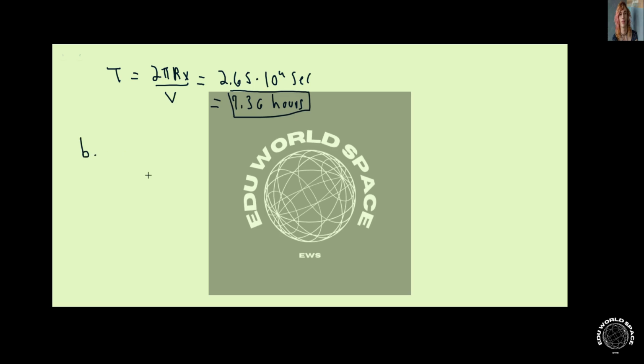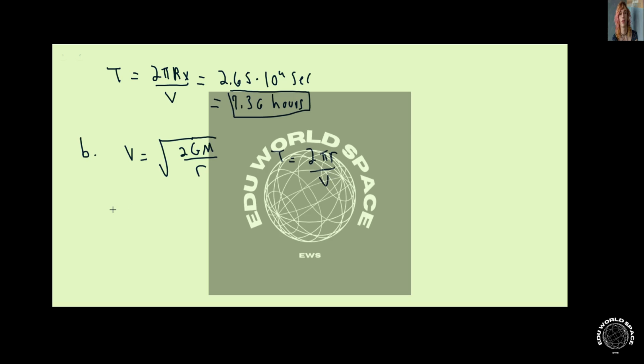So then part B asks us about a satellite orbiting, and they give us the height. So really all we have to do is, we know the satellite's in circular orbit, as we've seen many times, that the velocity of its orbit will just be the square root of GM over r. And we know also that the period, as we just used, is 2 pi r over v.